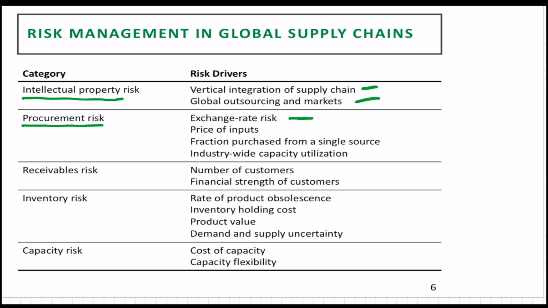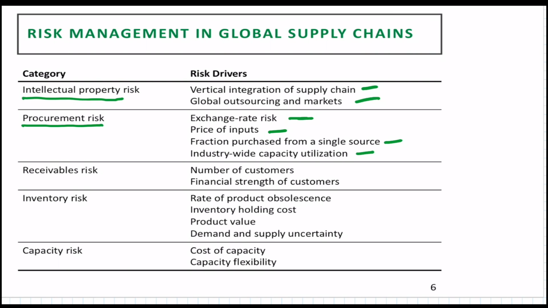Similarly, if the price of inputs changes, that will have a big impact on the cost of purchasing those items. If a large fraction of items are purchased from a single source, that also could be very risky. And another driver for procurement risk is industry-wide capacity utilization.